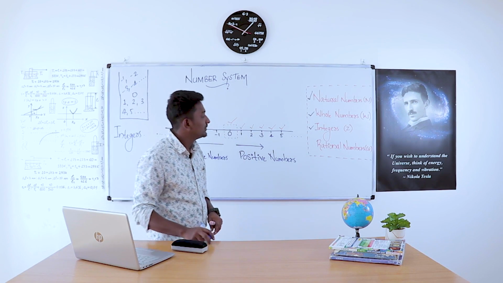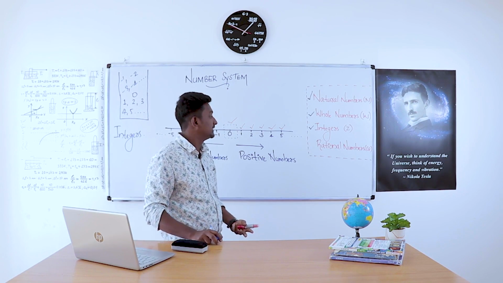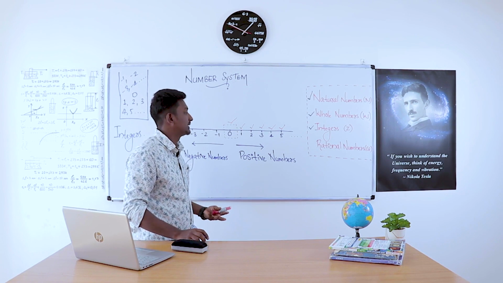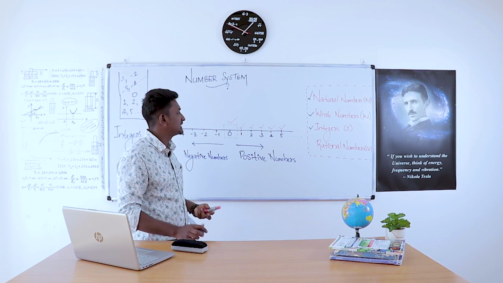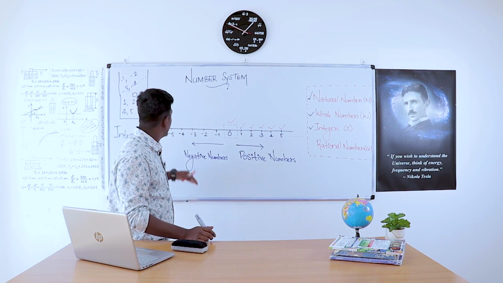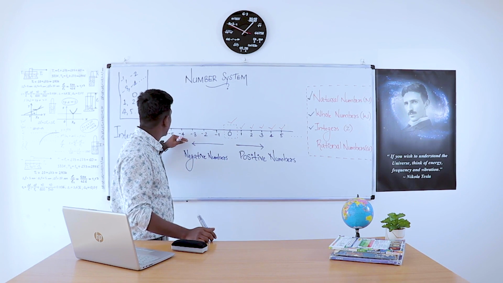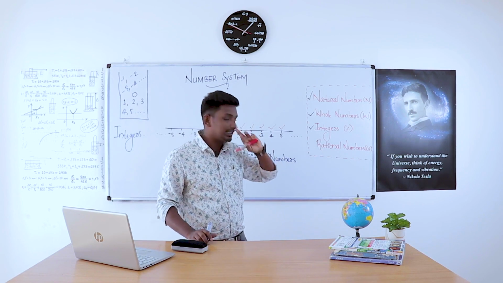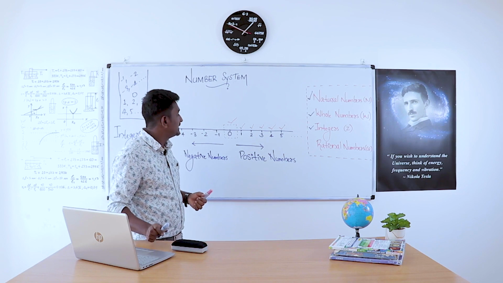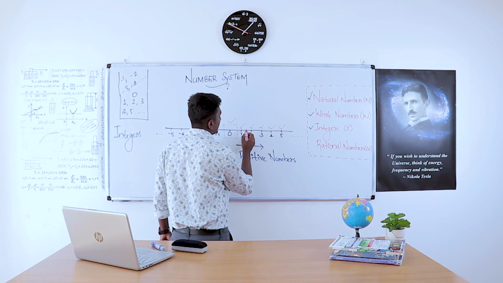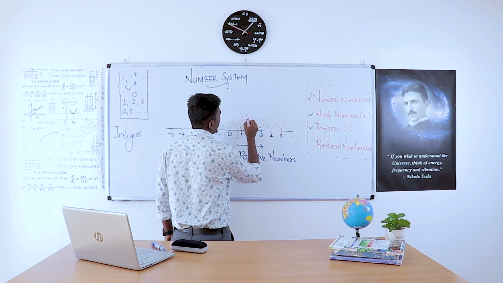Now we have more classifications. One among them is the rational number. What do we mean by a rational number? Here in this number line, we are considering -5, -4, -3, -2, -1, 0, 1, 2, 3, 4, 5, etc. But in between these numbers, for example, between 1 and 2 there is 1.5.